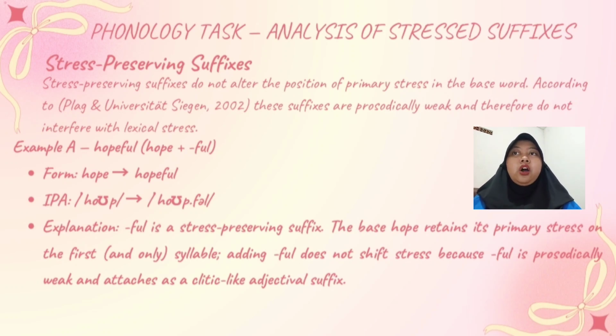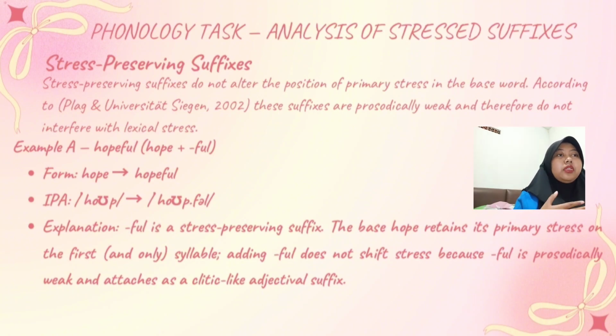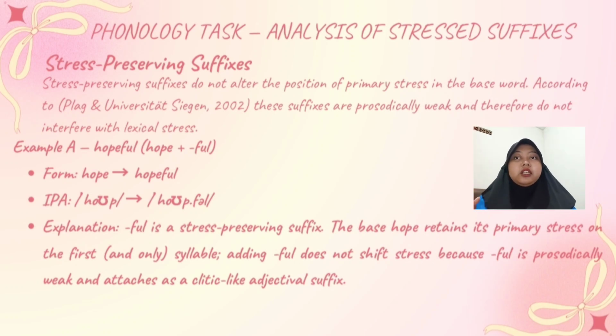Example A: hopeful, from hope and then 'full'. From hope to hopeful. IPA: hope, hopeful. Full is a stress-preserving suffix. The base hope retains its primary stress on the first and only syllable.